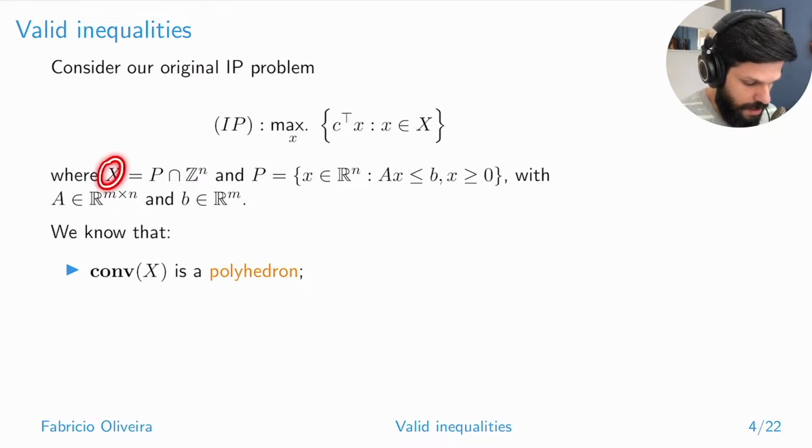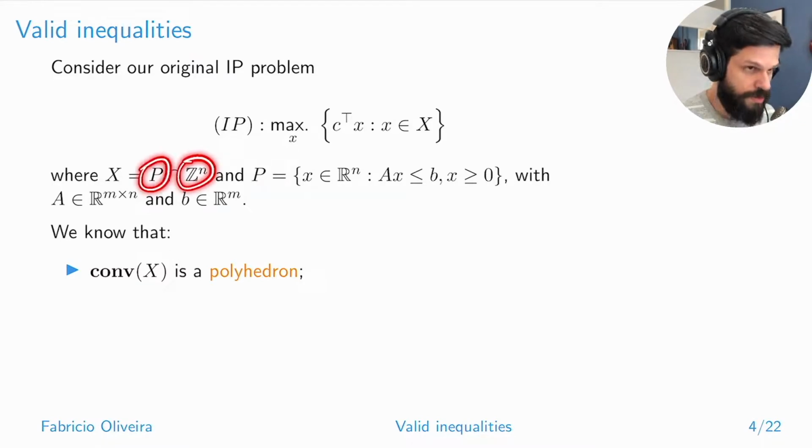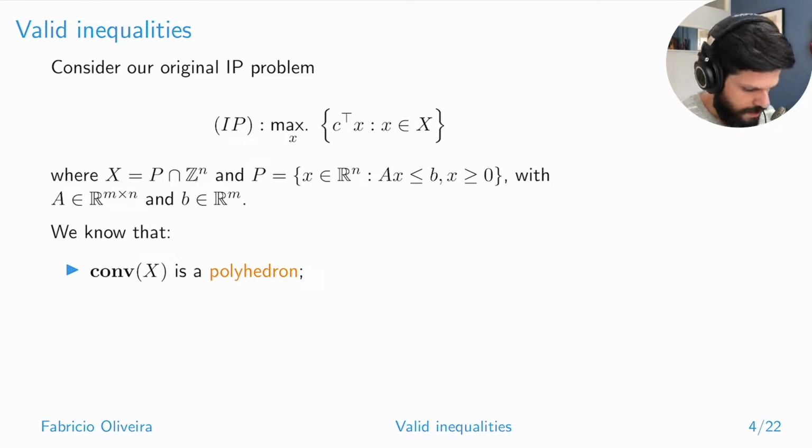So X is all the integer points within this polyhedral set. And from what we've been seeing in the last lectures, we know that the convex hull of X is a polyhedron, or a polyhedral set.